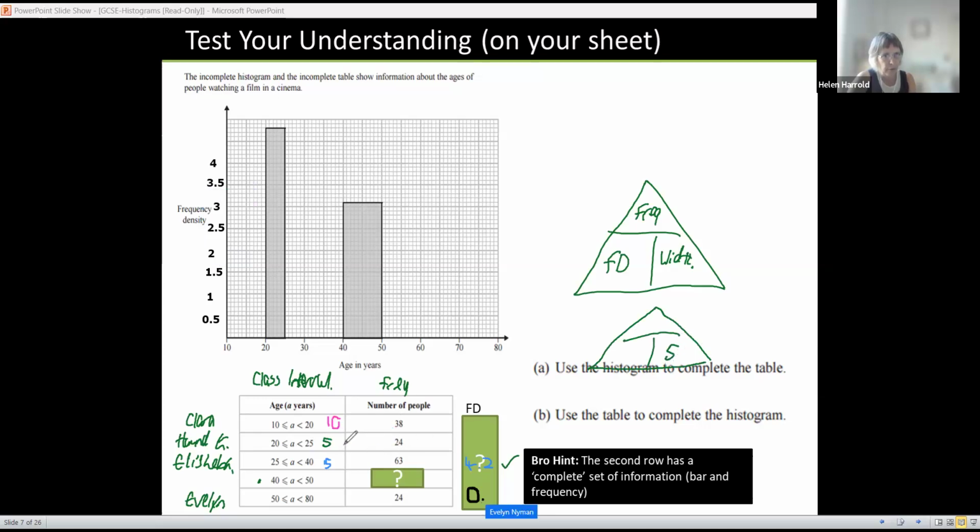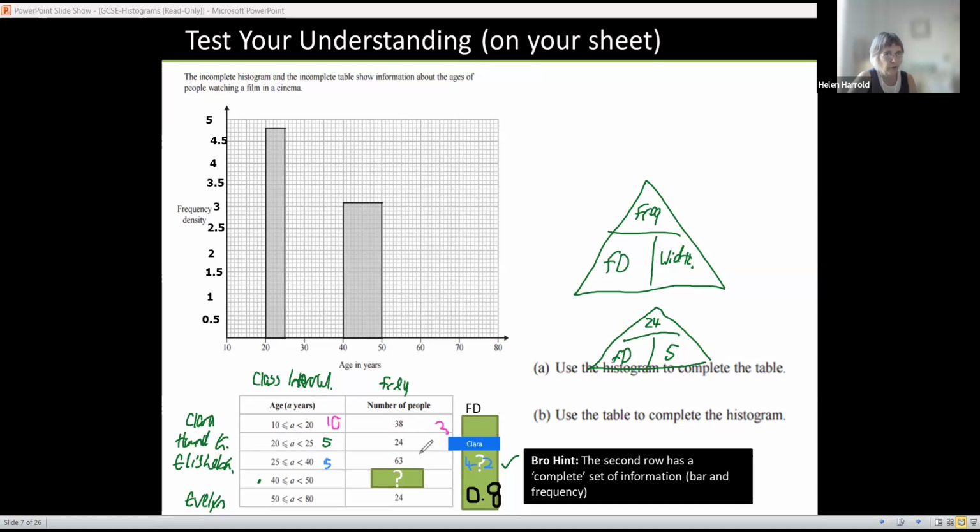And what's the frequency? Yep, the frequency, and that goes at the top. So it's 24. Therefore, what would the frequency density be? What do you do with the 24 and the 5? Yours is the same, Clara. You're right, you've got the class width, which is 10.